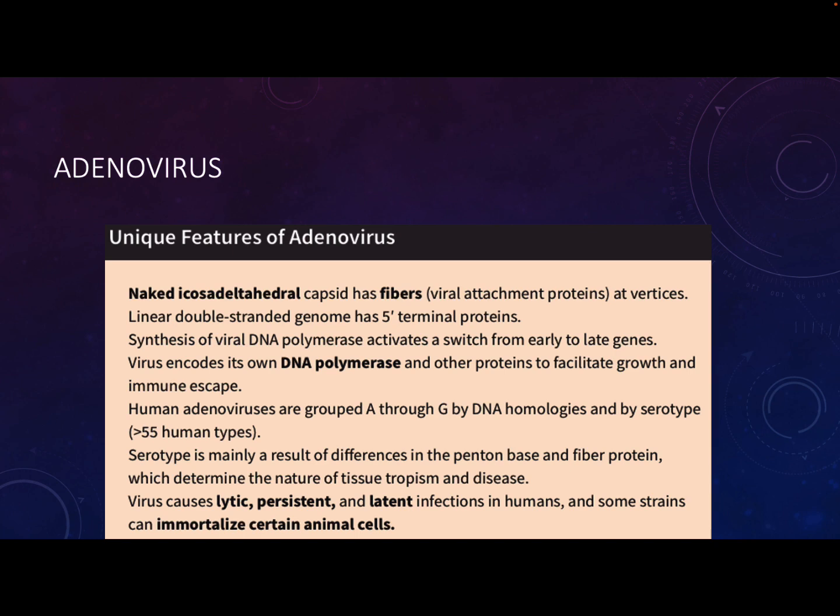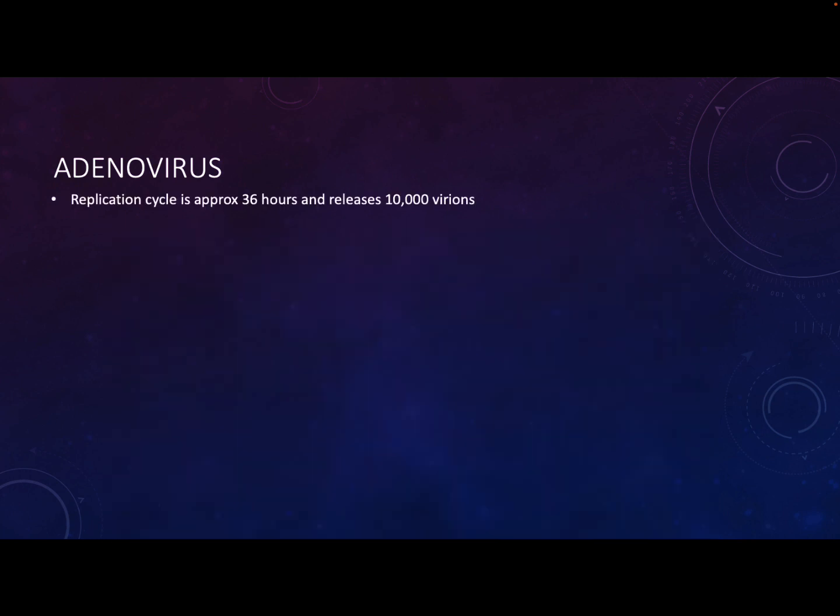They can cause lytic, persistent, and latent infections in humans, most commonly a lytic infection. Some strains can immortalize animal cells, so they are oncogenic in other species. That's the important stuff to know about them.